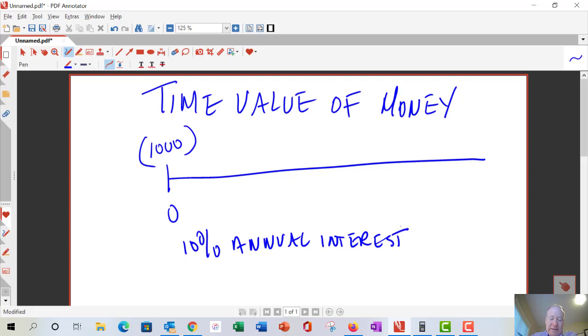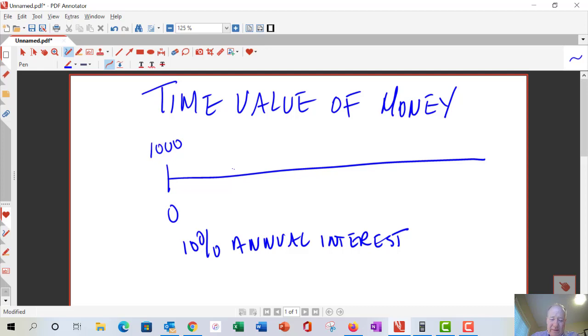All right, so it's an outflow, we're putting that $1,000 in, but it's $1,000 sitting in the bank account. So we'll just look at that as 1,000 today. When we use the calculator, we show it as an outflow.